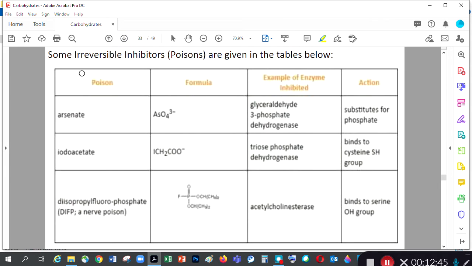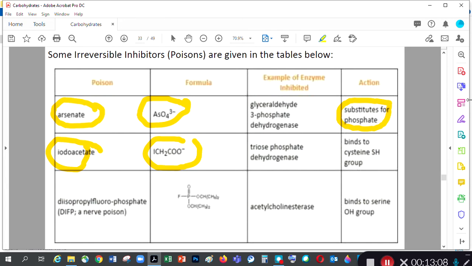Here is just to show us some of the inhibitors, and they are really poisons, listed here. Arsenate, this is the structure of it, and it can substitute for the phosphate. That's what they do to the enzymes. Iodoacetate, this is the structure of it. It binds to the cysteine thiol group, SH thiol group.